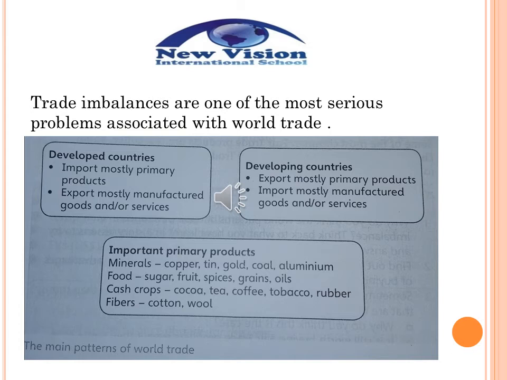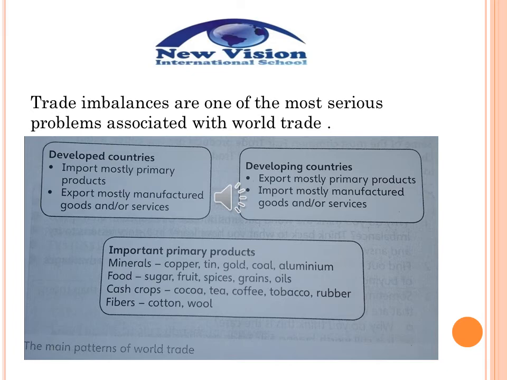And here we have a diagram that summarizes the main patterns of world trade. Developed countries import mostly primary products and export mostly manufactured goods or services. And developing countries export mostly primary products and import mostly manufactured goods and services.